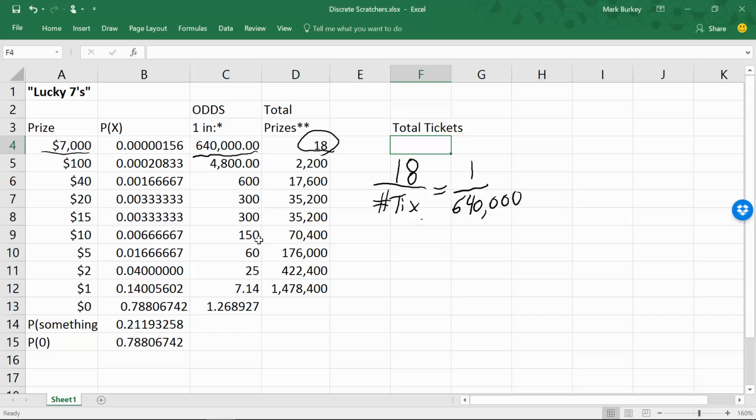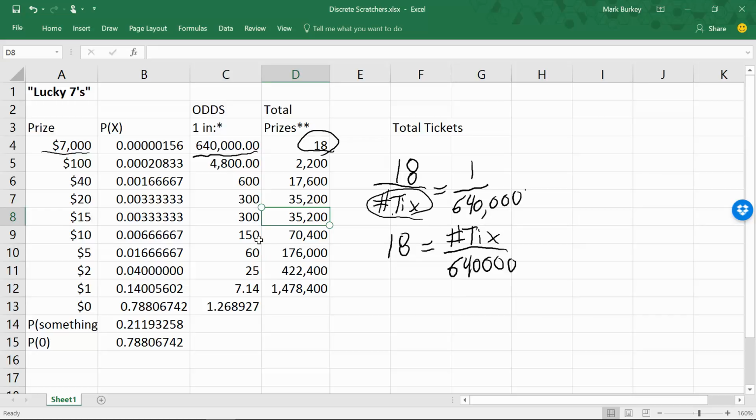So really what we want to do is solve for this number of tickets here. Using a little bit of algebra, we could multiply the number of tickets by both sides, and then we get 18 equals the number of tickets divided by 640,000. Multiply both sides by 640,000, and that's going to give us the number of tickets.